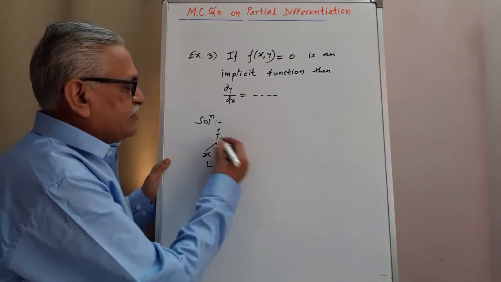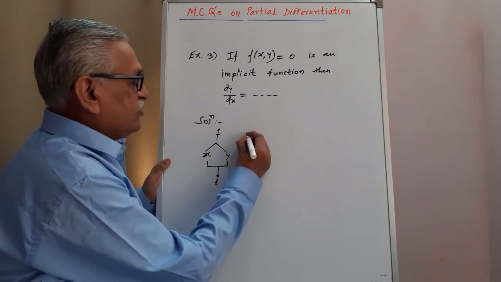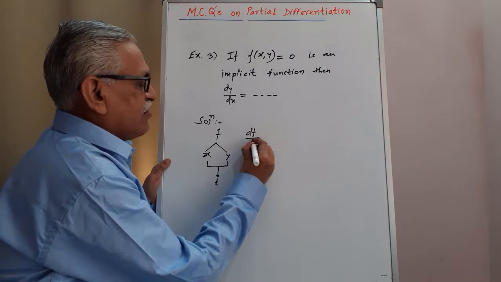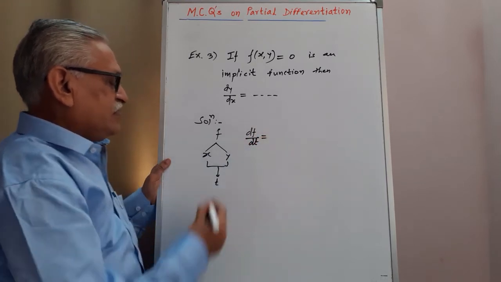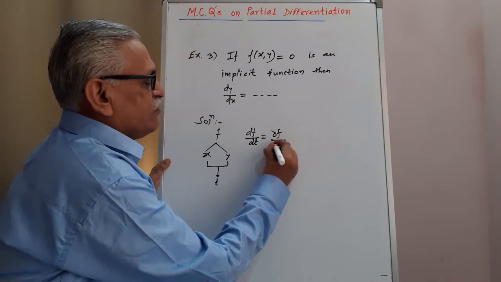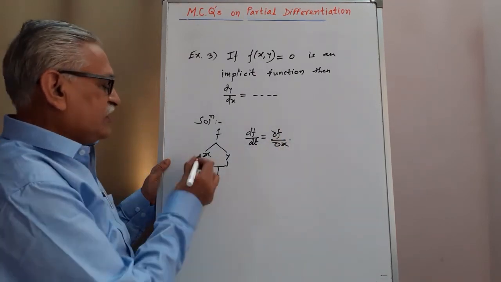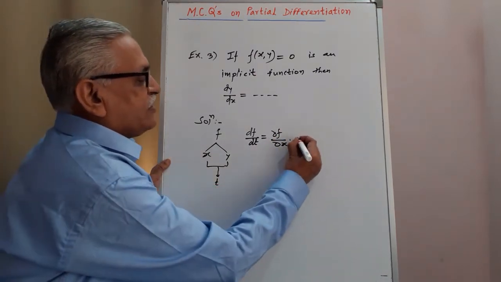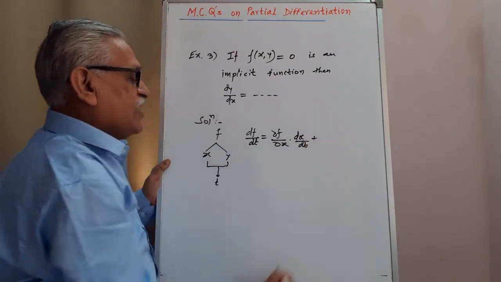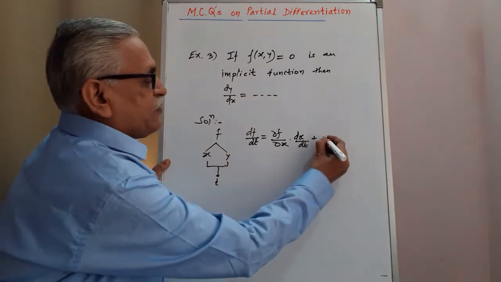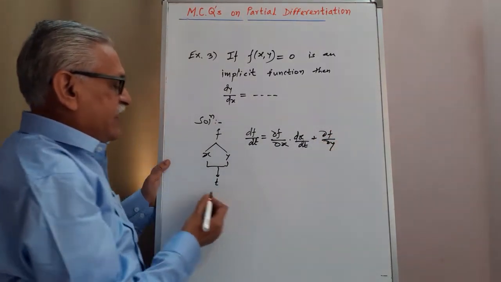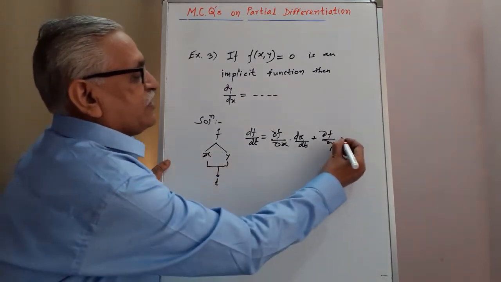Then by this tree diagram we have df by dt as differentiating f with respect to x, which is the partial derivative dou f by dou x, by chain rule, differentiation of x with respect to t as dx by dt, plus differentiating f with respect to y, partial derivative, and derivative of y with respect to t.